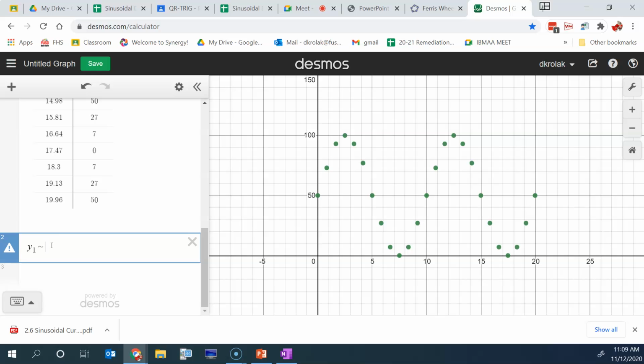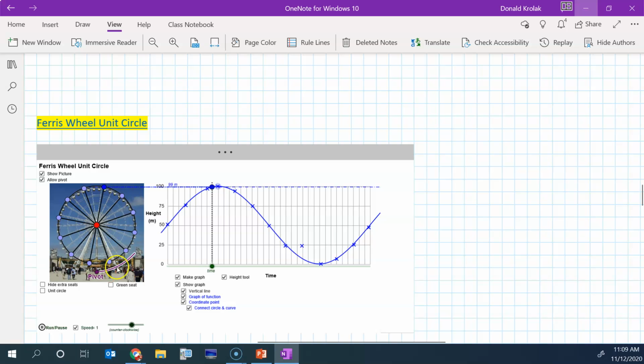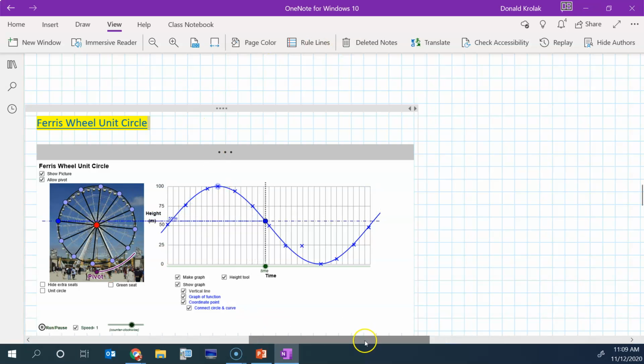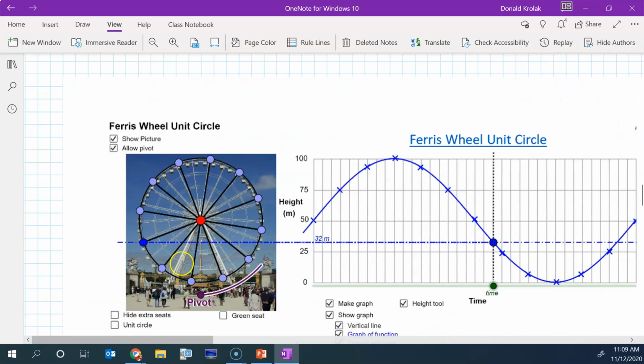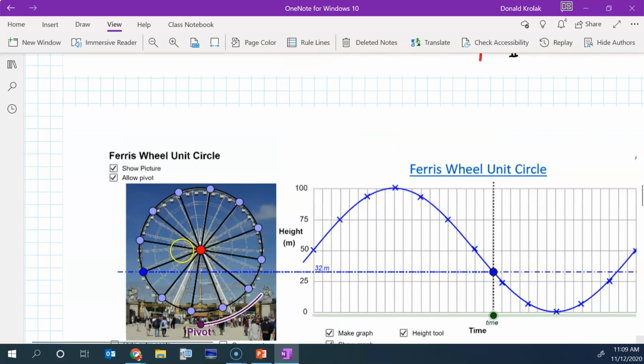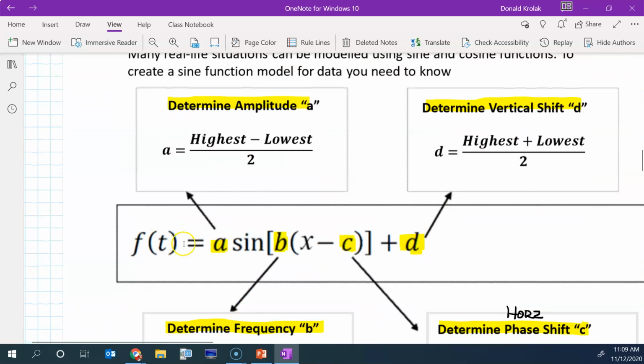So what we're going to do now is type in the form here. Right there. Okay, after the Y, this says Y1, and then we got the squiggle.